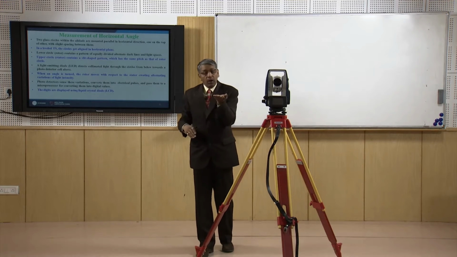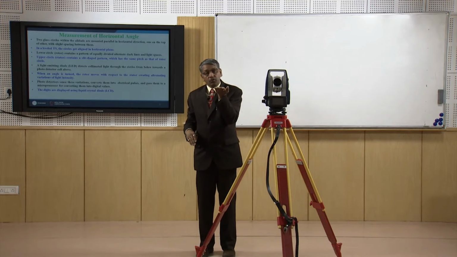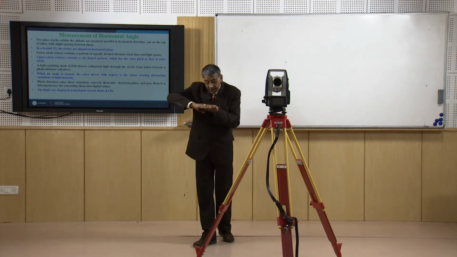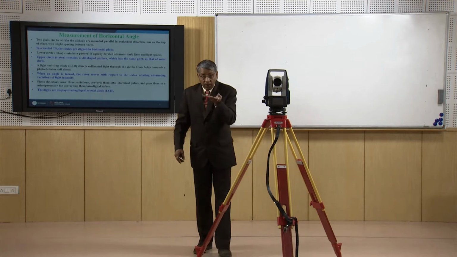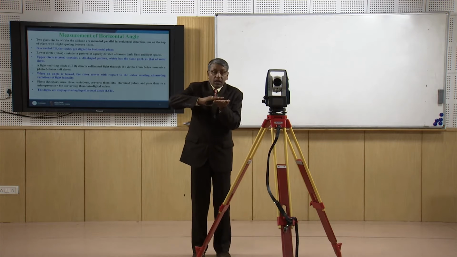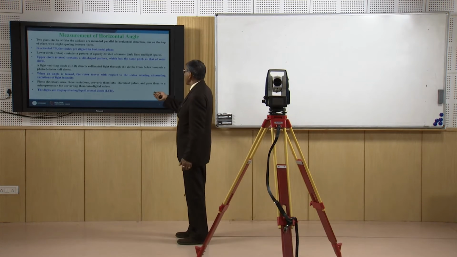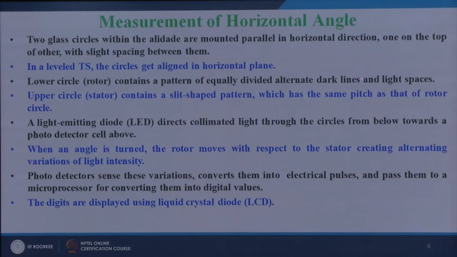The lower circular plate is called the rotor, and the upper circular plate is called the stator. One more point: the lower circular plate has equally divided alternate dark lines and light spaces, and the upper circle contains slit shaped patterns which have the same pitch as the rotor circle.